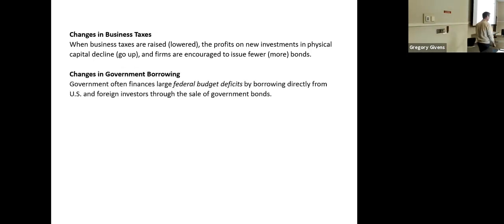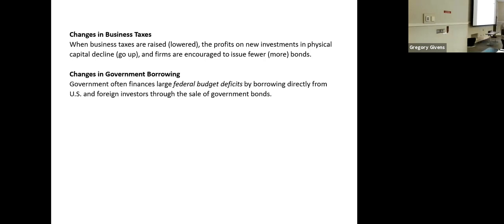Another one I just want to briefly touch on here is government borrowing. Shocker, the United States government has faced large federal budget deficits in recent years, actually for quite a long time. And those budget deficits have gotten even bigger during the two most recent recessions, okay? Now, how does the United States government finance its budget deficit?